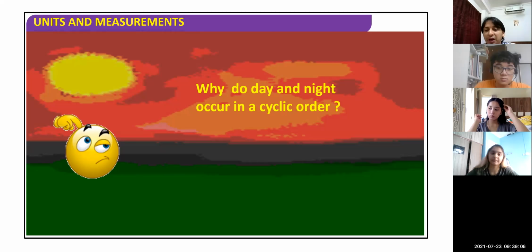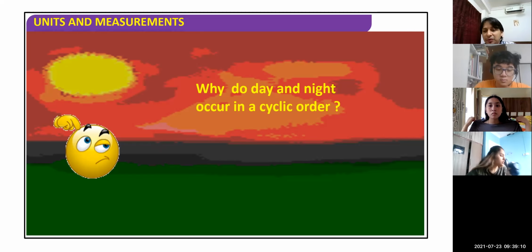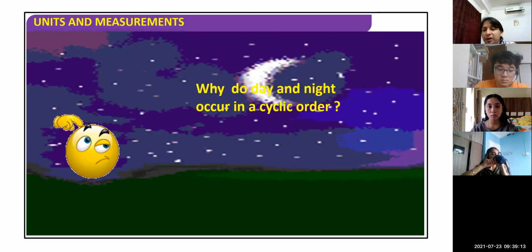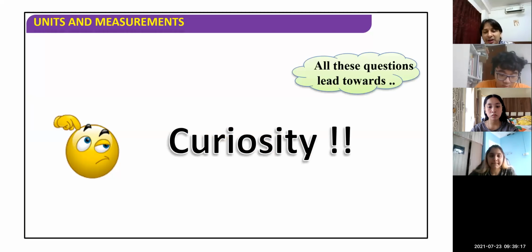So why does this happen? All these questions are part of physics. You will find the answers to all these questions in our science. So all these questions lead us to a very important thing, curiosity.